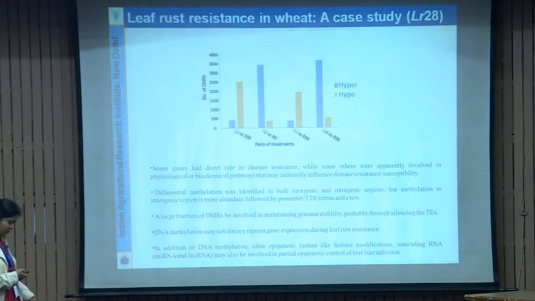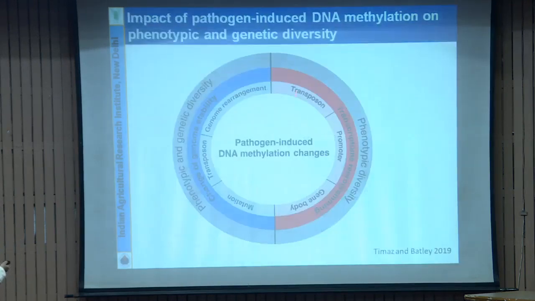Hypermethylation of transposons means transposons are suppressed. They will not move into different genes, so defense response genes would be activated and give defense. But less methylation of transposons means they would be active, move into defense genes and suppress them. As a result, a susceptible phenotype may be produced.